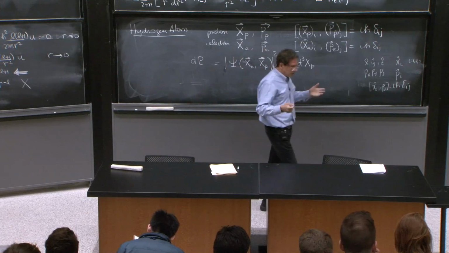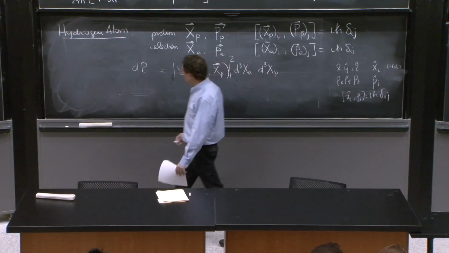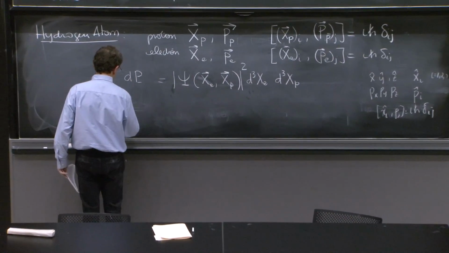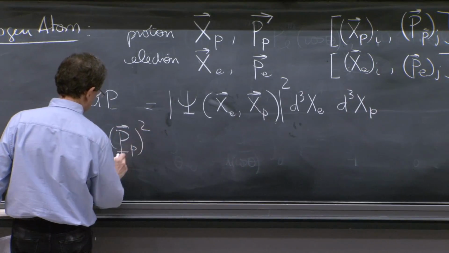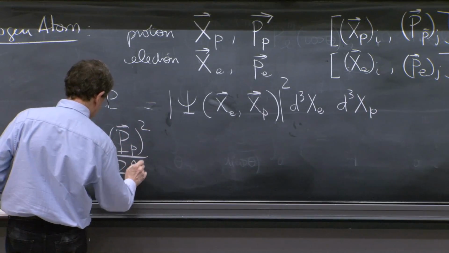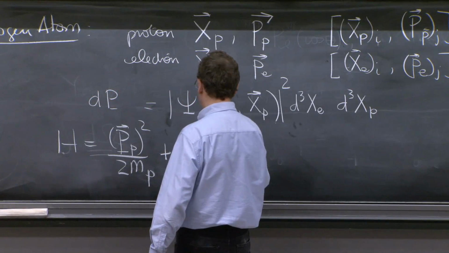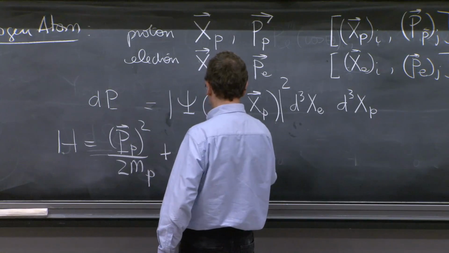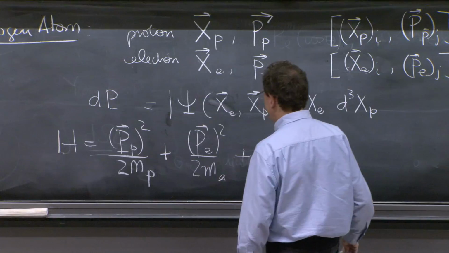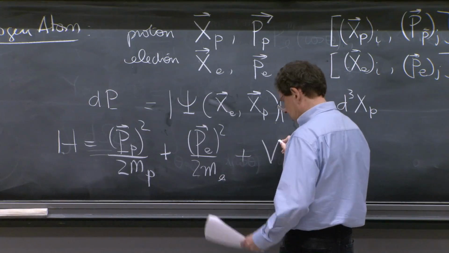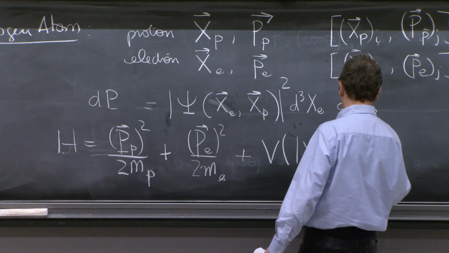And okay, so we have this, and what is the Hamiltonian? The Hamiltonian is the kinetic energy associated to the proton plus the kinetic energy associated to the electron plus the potential energy, which just depends on the distance between the electron and the proton.